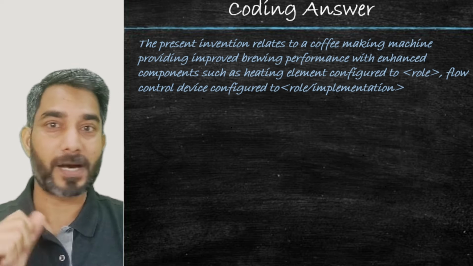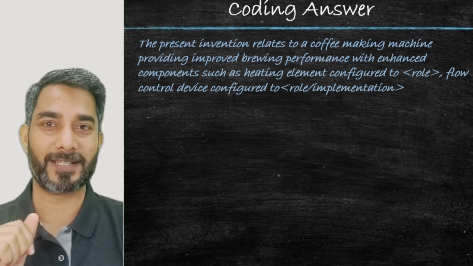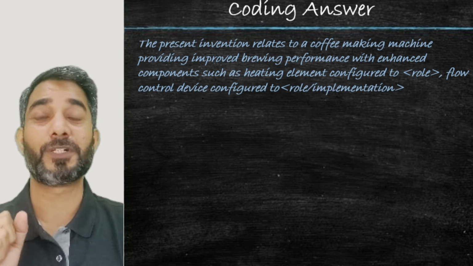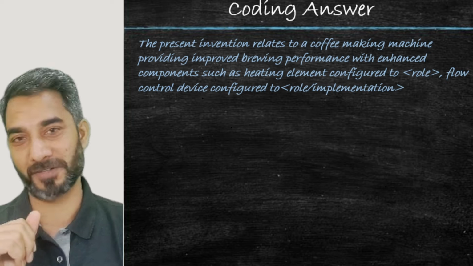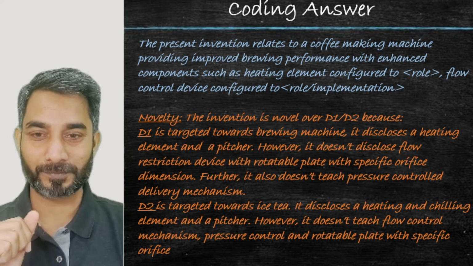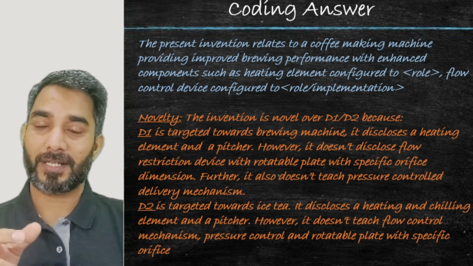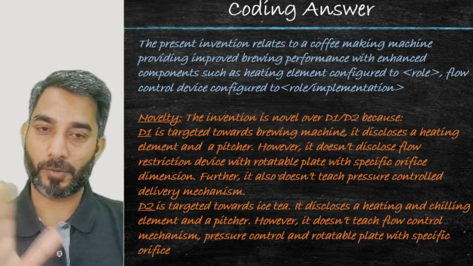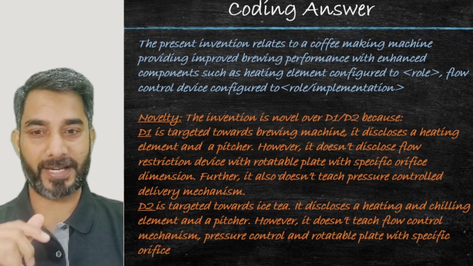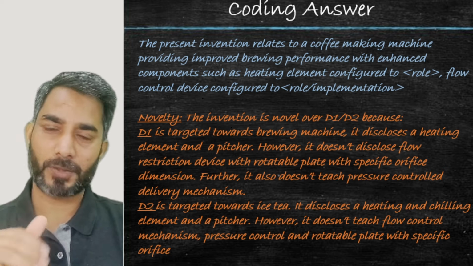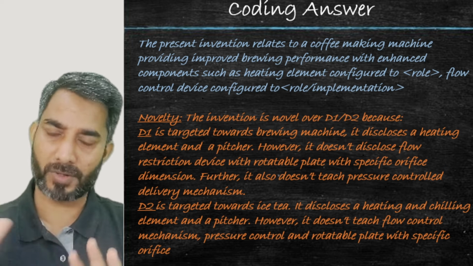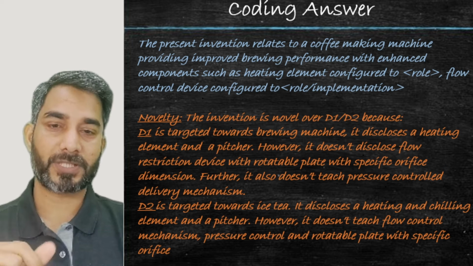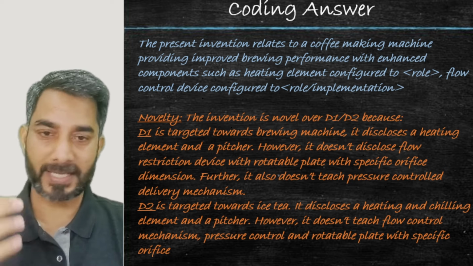So the first step after this is to talk about novelty. Novelty will be simple. Why? Because we know many components which are not part of D1 and D2. Let's go. So the first line is, the invention is novel over D1 and D2, because we write D1. So D1 is targeted towards a brewing machine. We just say what they have said. It discloses a heating element and a pitcher. We again say what they have said.